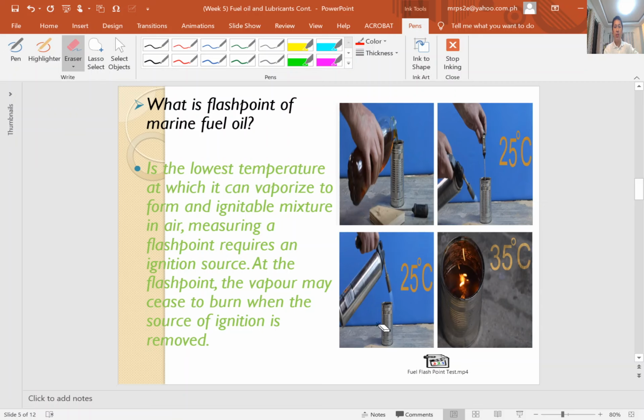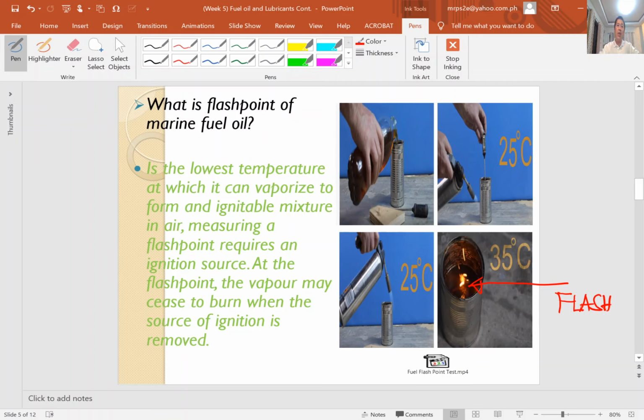It's still 25 degrees Celsius. But at 35 degrees Celsius, you can see a flash. You see, this is flash. So that is the flash point. But at this temperature, the oil will not continue to burn. But at more than that temperature, it will burn.